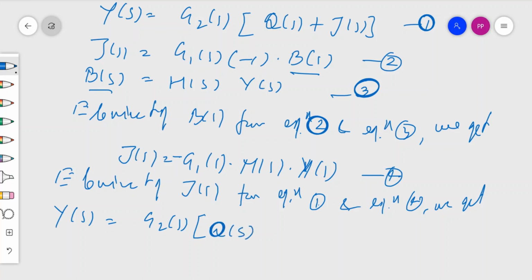We need this minus, so placing JS, this is minus G1S into HS into YS. Now we need to take the YS terms together.